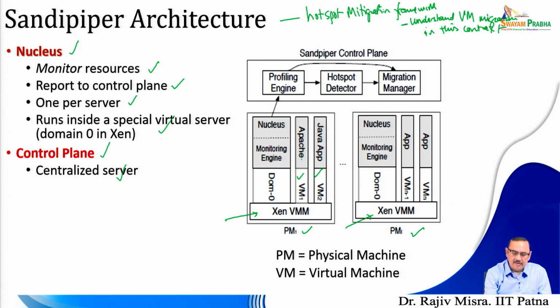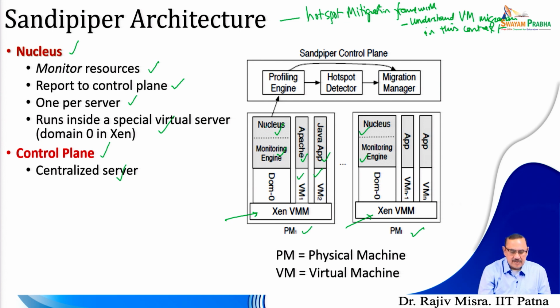VM1 is running an Apache application, whereas VM2 is running a Java application, and in the other part of that same virtualization, it will run a monitoring engine and a nucleus within it. As I told you, the monitoring engine and the nucleus will run together in every physical machine.